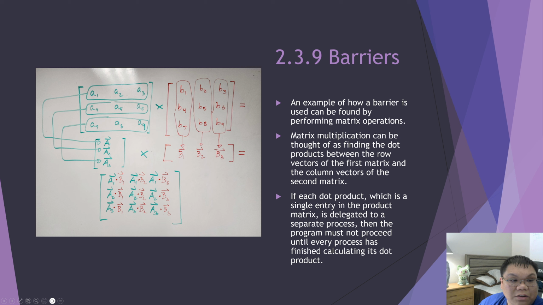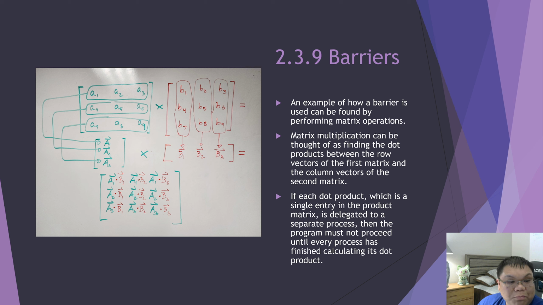So think about it like this. If we have a matrix with values A1 through A9, and another matrix with values B1 through B9, the product matrix is also a 3x3 matrix where the entries are every possible combination of row vector of the first matrix dotted with the column vector of the second matrix. So the first entry is row vector 1 and column vector 1, and the final entry is row vector 3 and column vector 3.